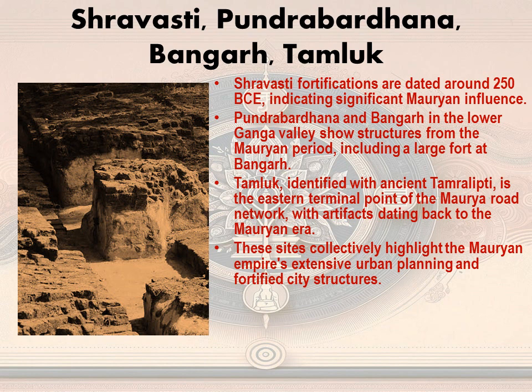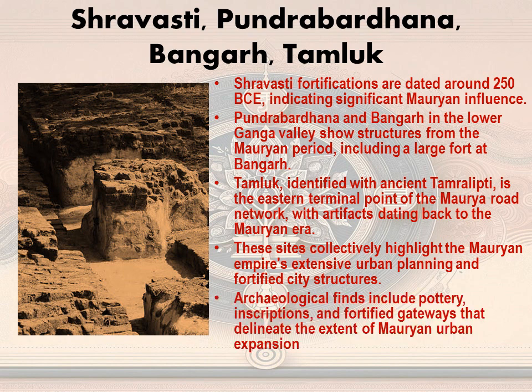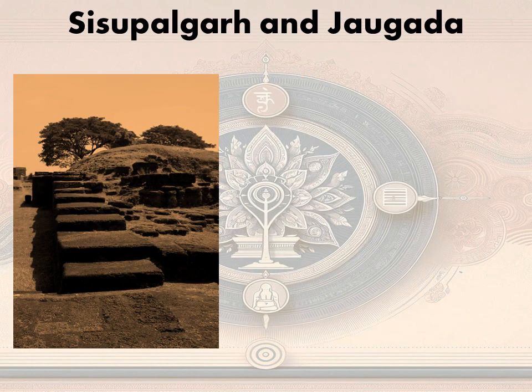These sites collectively highlight the Mauryan Empire's extensive urban planning and fortified city structures. Archaeological finds from all these sites include pottery, inscriptions, and fortified gateways that delineate the extent of Mauryan urban expansion.